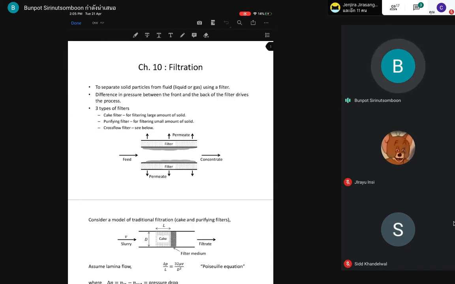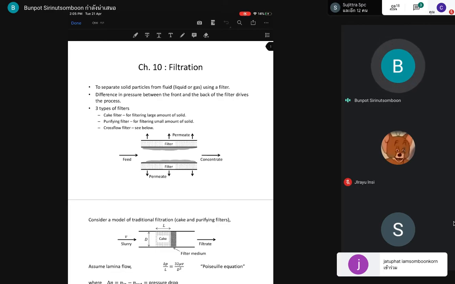Okay. So the goal of filtration is to separate the solid particles from fluid, whether it's liquid or gas, using a filter, and the driving force usually is a difference in pressure.